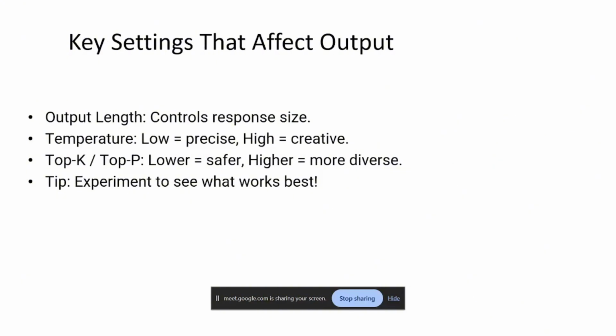When you're writing your prompt, it's good to look at the length. For example, if you've uploaded a PDF, you can say, summarize this PDF and give an output of 500 words maximum.